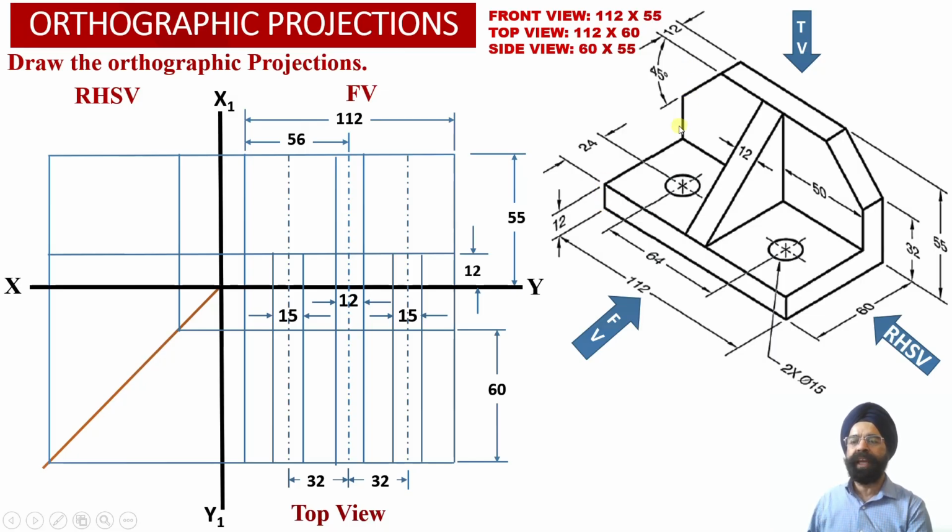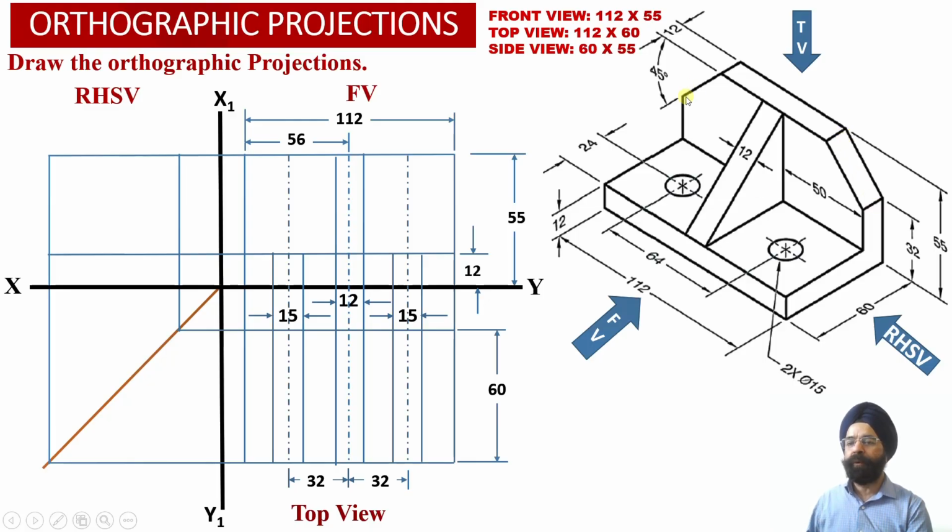Now we have to obtain projections corresponding to element number 2 over here. So we know that in case of element number 2, we are going to have two slant surfaces. One slant surface is located towards the left hand side top portion, and another slant surface is located on the right hand side top portion of this vertical web over here.